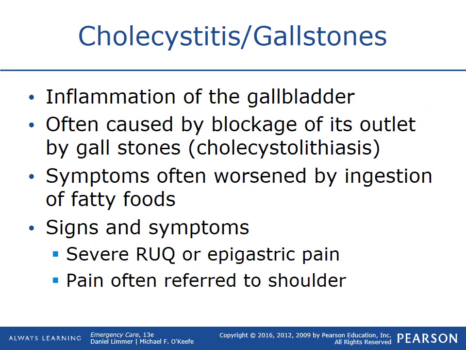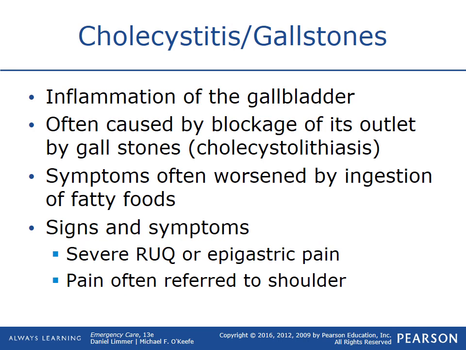Cholecystitis is gallstones. This is an inflammation of the gallbladder. It's often caused by a blockage of its outlet by gallstones, cholecystolithiasis, hard to say. Symptoms are often worsened by ingestion of fatty foods.